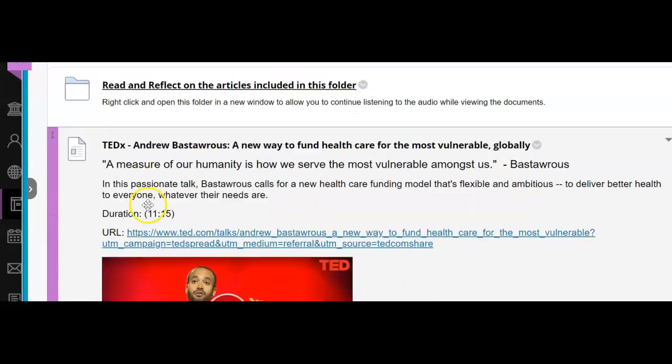Now, I said we would go from within our country to looking at it globally. We're going to do that with an 11-minute video by Dr. Andrew Bastaromas, who is an ophthalmologist. I found it quite interesting as far as how we fund healthcare for the most vulnerable across the globe.